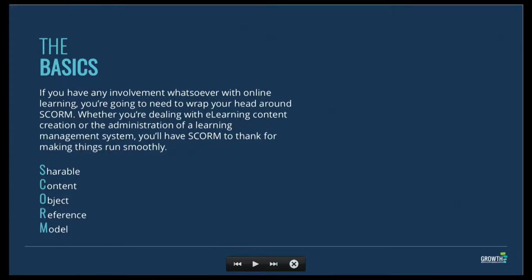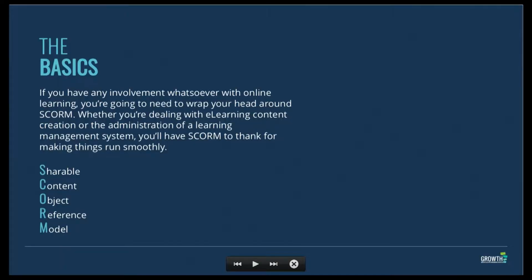If you have any involvement whatsoever in learning technologies, you're buying an LMS, you're buying anything to do with learning online, SCORM will be something that people will be talking about. SCORM is an acronym, and it stands for Shareable Content Object Reference Model.